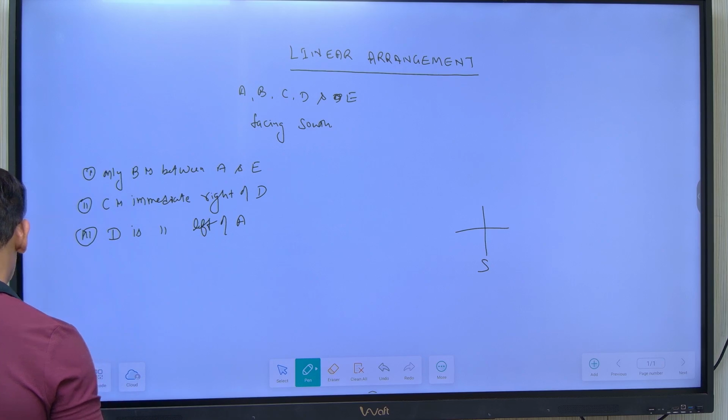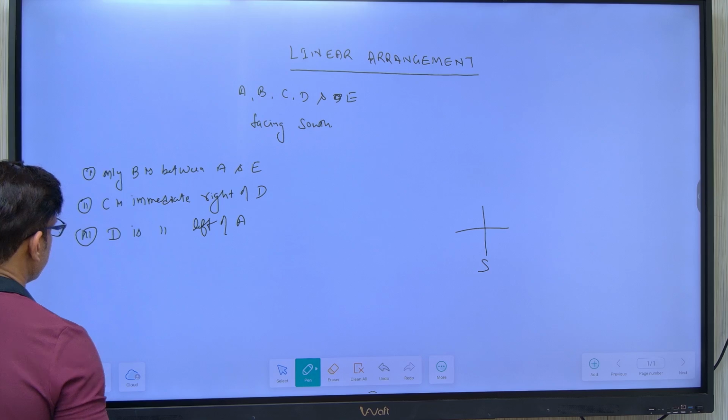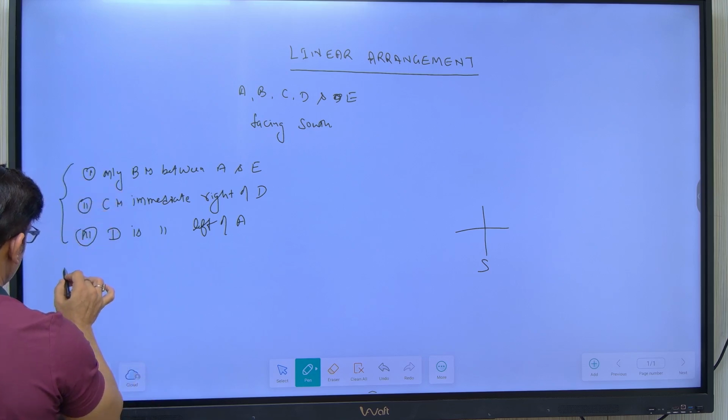On the basis of the above information, which of the following statements is definitely true? These are the three statements, and then there are options.